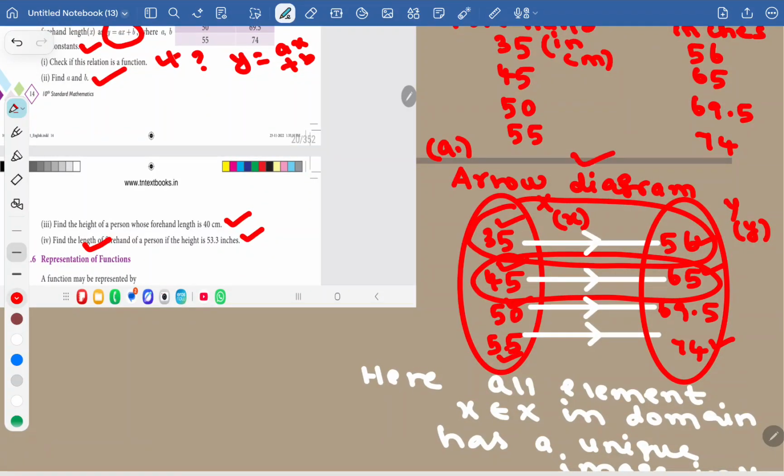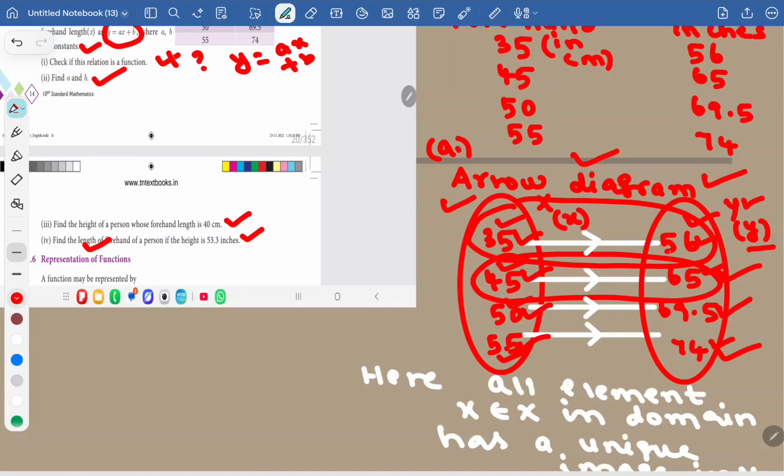By representing an arrow diagram, we can verify whether this relation is a function. This is set x, this is set y. Write all the elements of x: 35, 45, 50, 55. Write all elements of y: 56, 65, 69.5, 74.